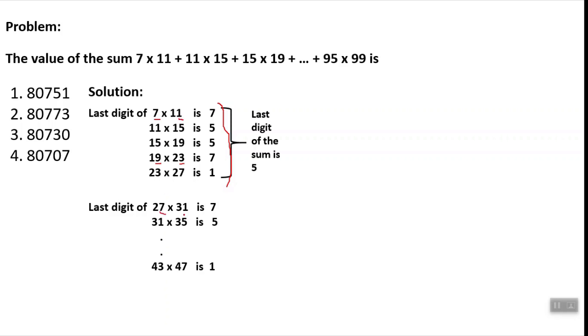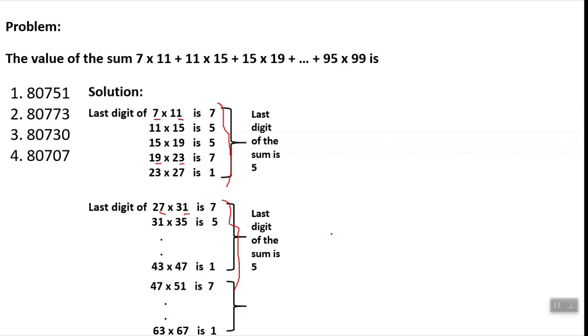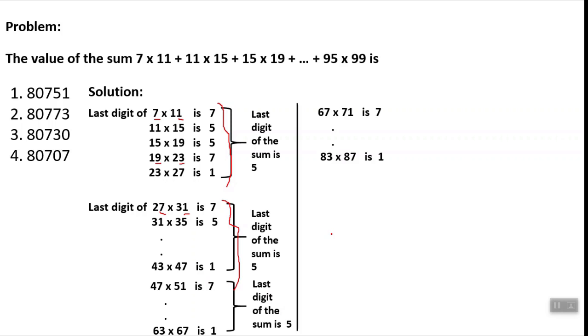And therefore, this pattern of 5 products at a time, giving you a sum of the last digit as 5, will keep on repeating. How many times will it repeat? 7 times 11, then 27 times 31, then 47 times 51, then 67 times 71, and the last group will end with 83 times 87. So we have these groups, but we haven't reached 95 times 99.